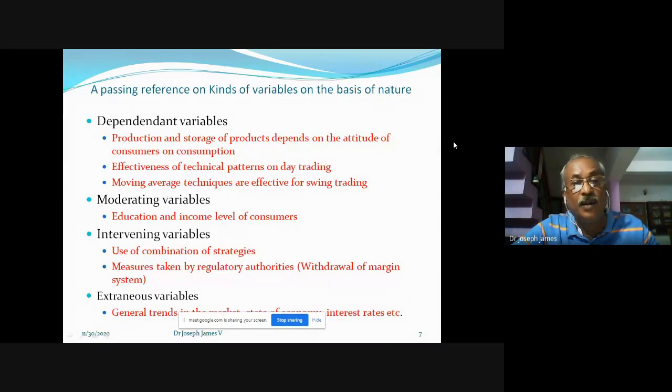Education and income level of consumers should also be considered for the purpose of production and storage of products. And similarly, intervening variables are also there.